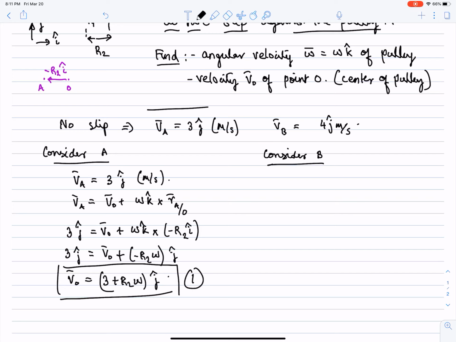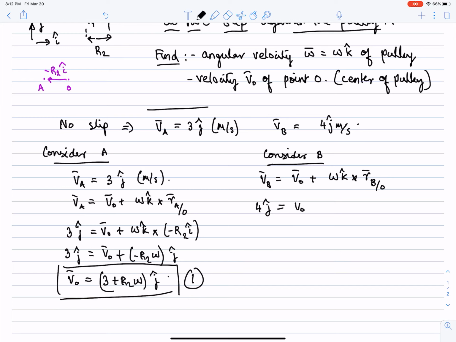Now consider B. We can write the same kind of equation. VB equals VO plus omega k crossed with RB with respect to O. VB is 4j.